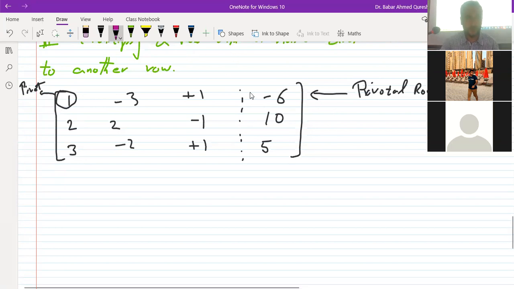So multiply by -2 and add it to this row. The goal is to make these zeros. And multiply this pivotal row by, because these are your allowed operations, -3 and add it to this row. So what do you get?